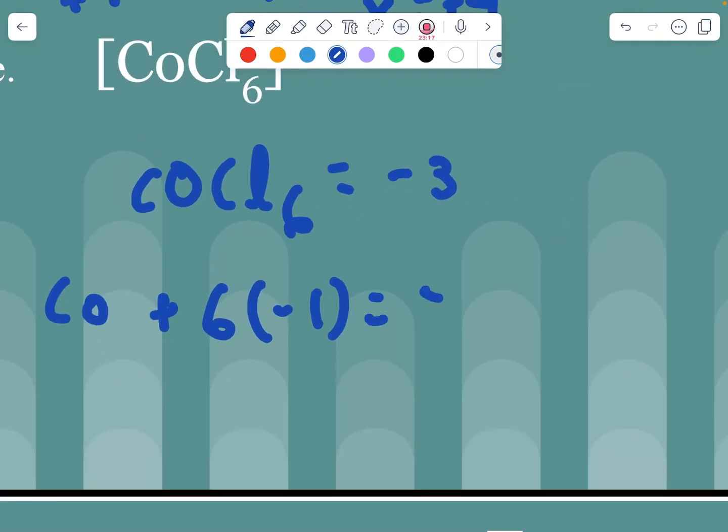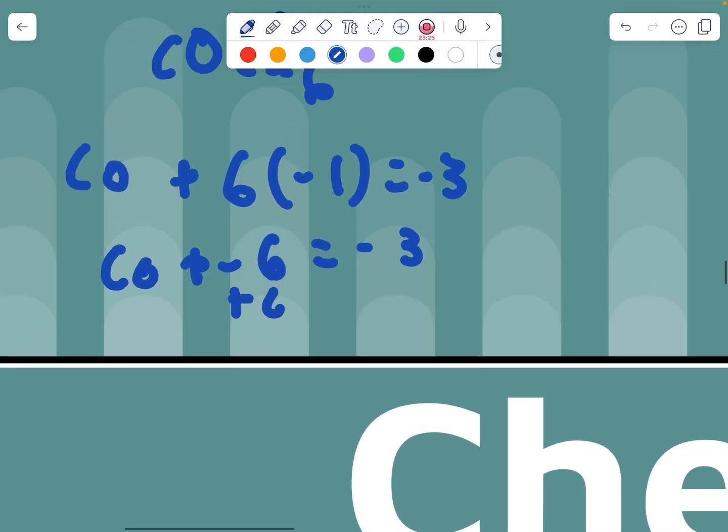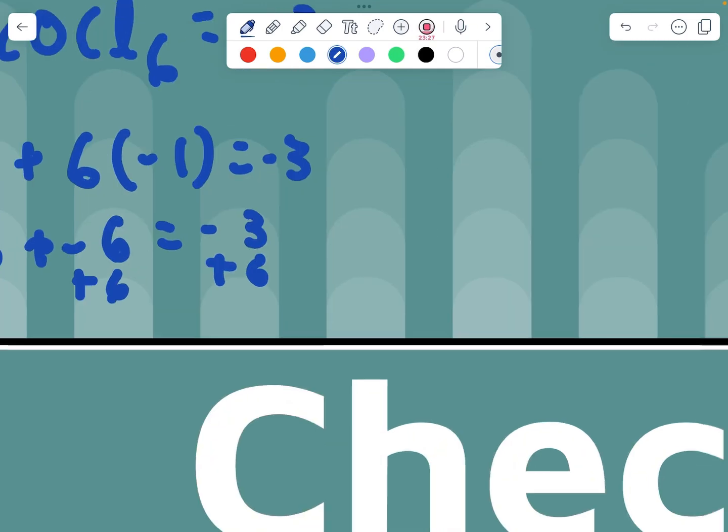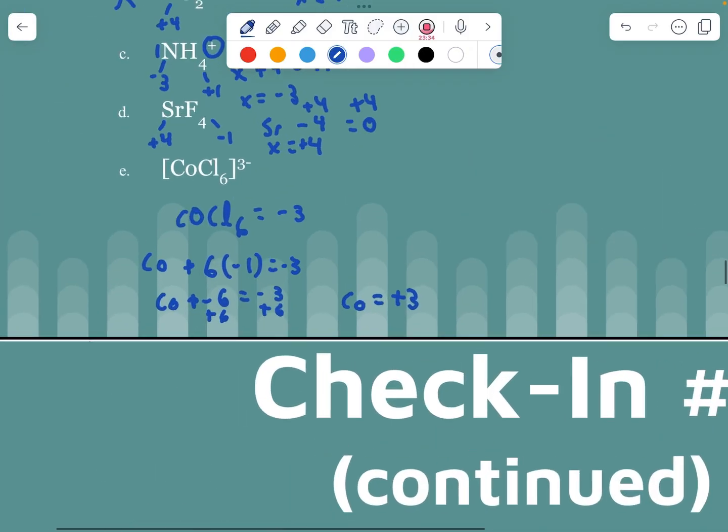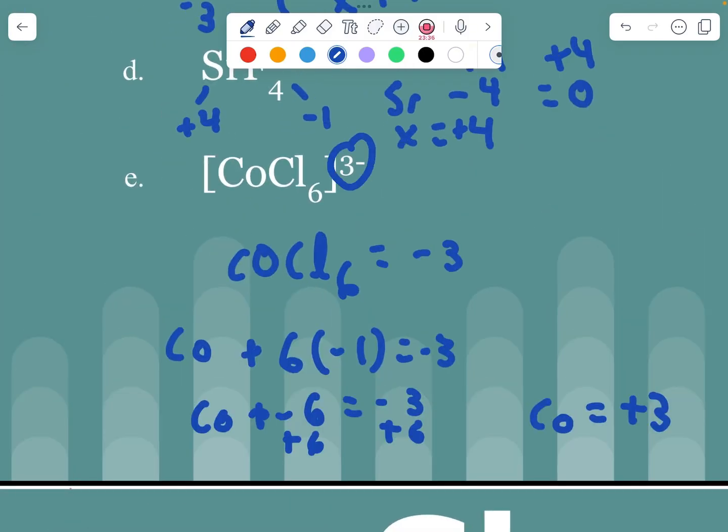So we have Co plus negative 6 equals negative 3, and then so we add 6 to both sides, and then so Co equals positive 3, and that adds up to the charge of negative 3. So that will be positive 3 on just Co, and this will be a negative 1.